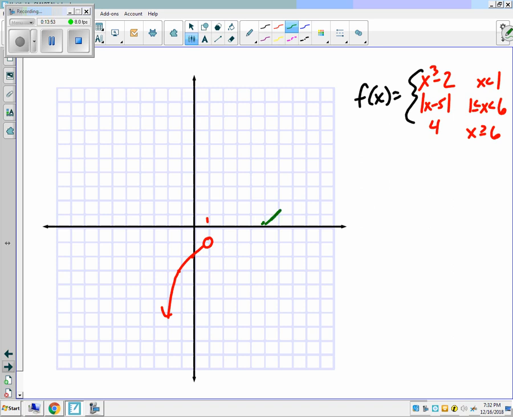It's supposed to be just a perfect v. But I only want this perfect v between 1 and 6. Remember, these are going to pass the vertical line test. So just between 1 and 2, 3, 4, 5, 6. Shrink this thing all the way down to here.